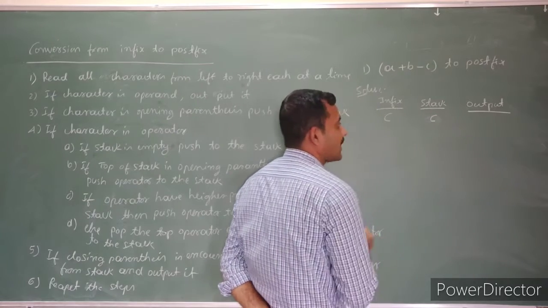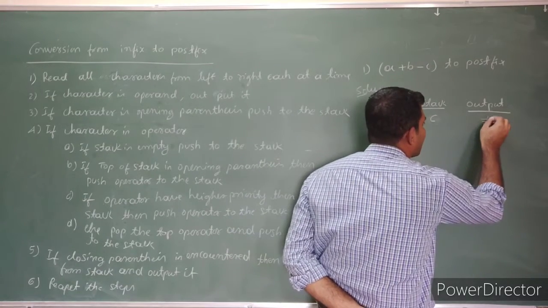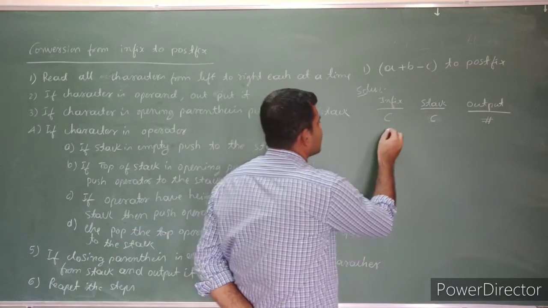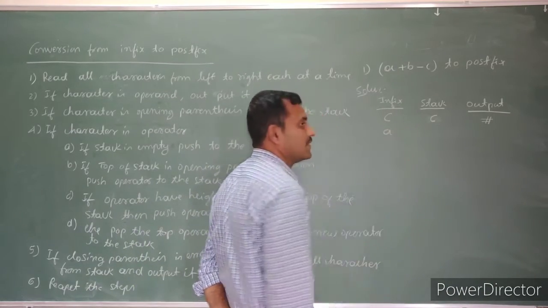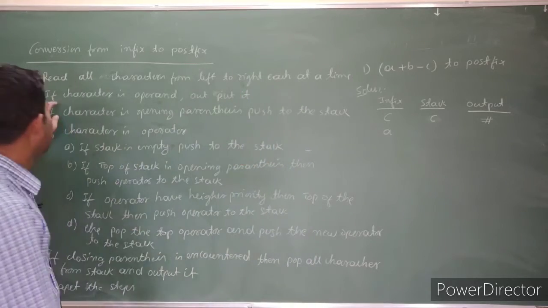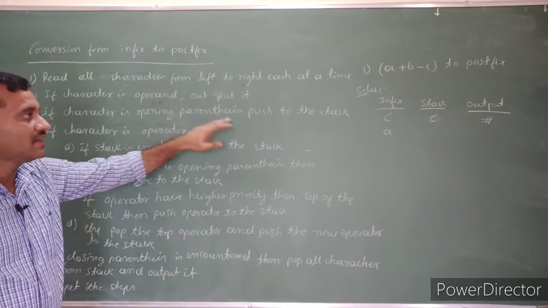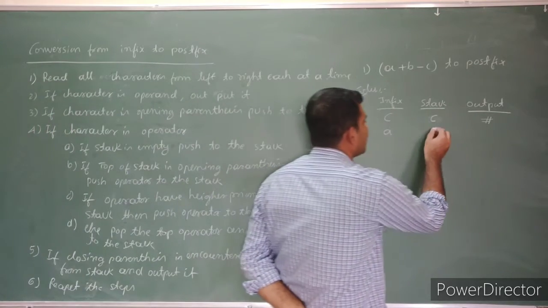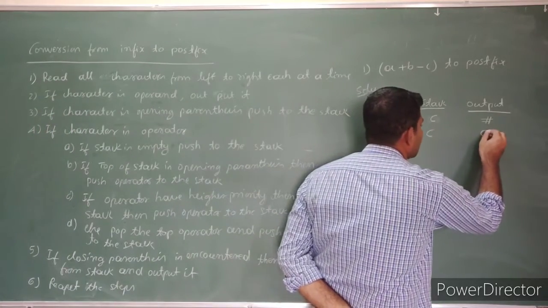There is a stack, and the output is empty. Next, read the next character. The next character is a. See the condition: if the character is an operand, a is an operand, output it. So directly write a on the output side.